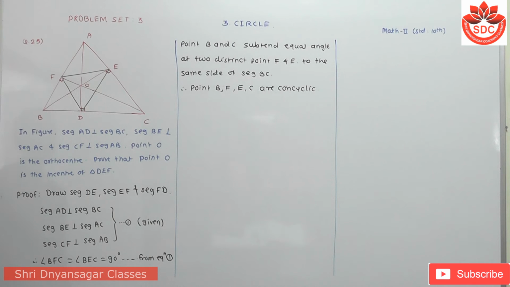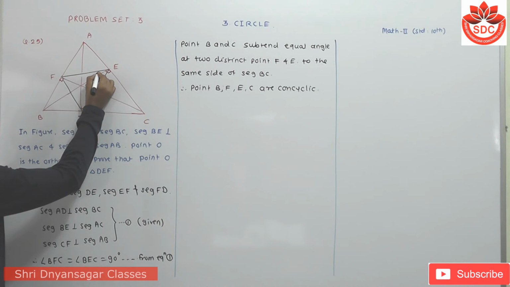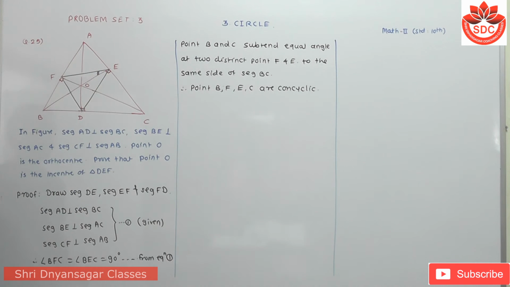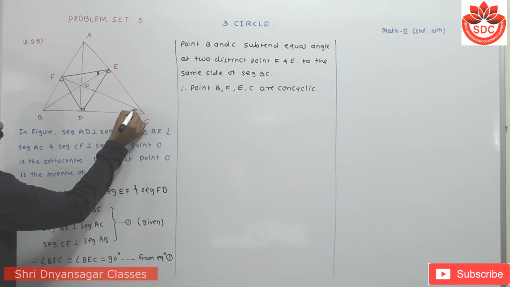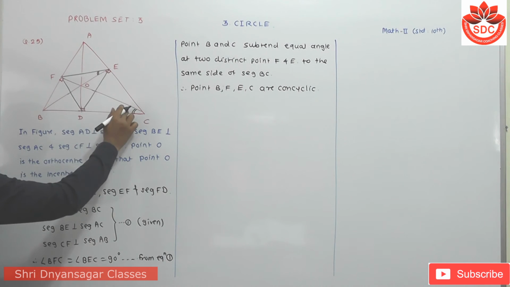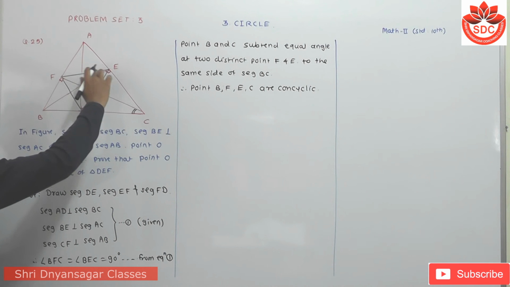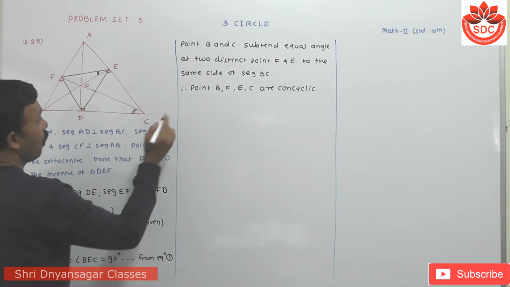Then, student, if these points lie on the circle, then I have to write here angle FEB. Look here, this angle FEB is congruent with angle FCB. This angle. Look carefully, because we have drawn a circle here. These two angles are inscribed by the same arc. So by using angles inscribed by the same arc, these two angles are congruent.